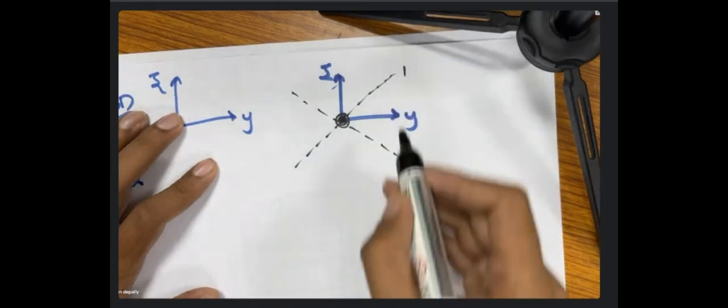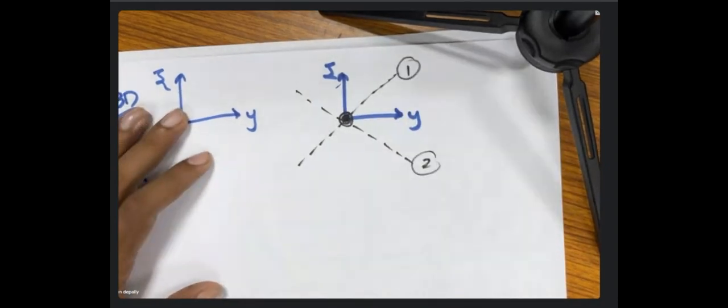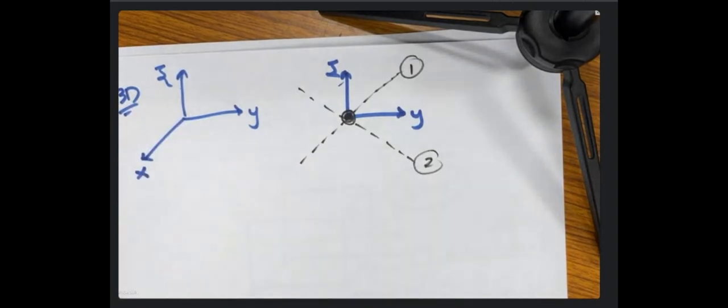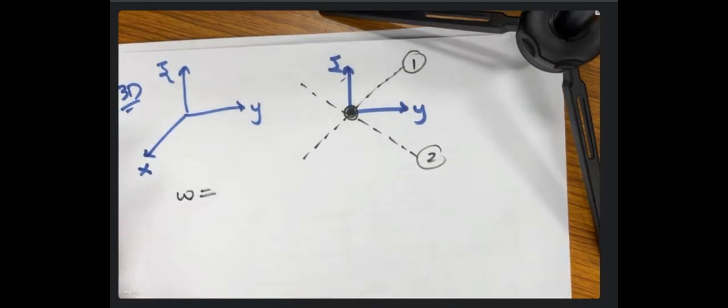So we have the two planes, 1 and 2, both of which are inclined at an angle of 45 degrees. And we need to write how our W, symmetry transformation matrix, is going to look like.